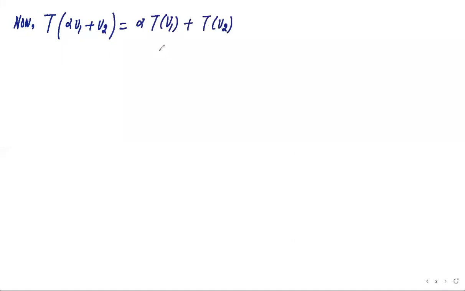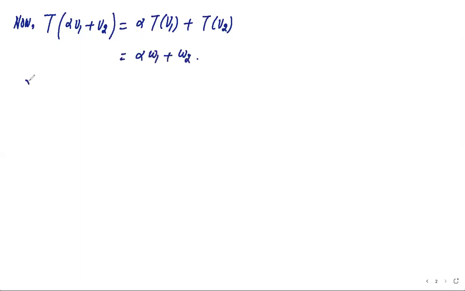Okay. So now we have this thing. Now T of (alpha V1 plus V2), as we know that T is linear, is equal to alpha times T of V1 plus T of V2. But now T of V1 is equal to W1. So this is equal to alpha W1 plus W2.